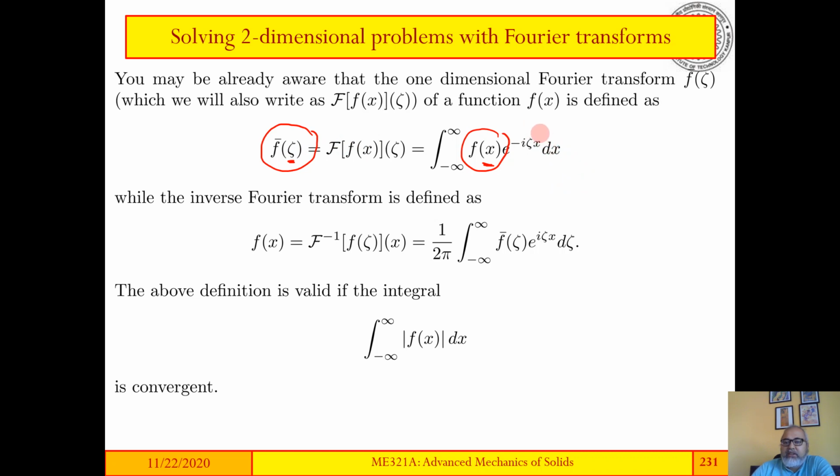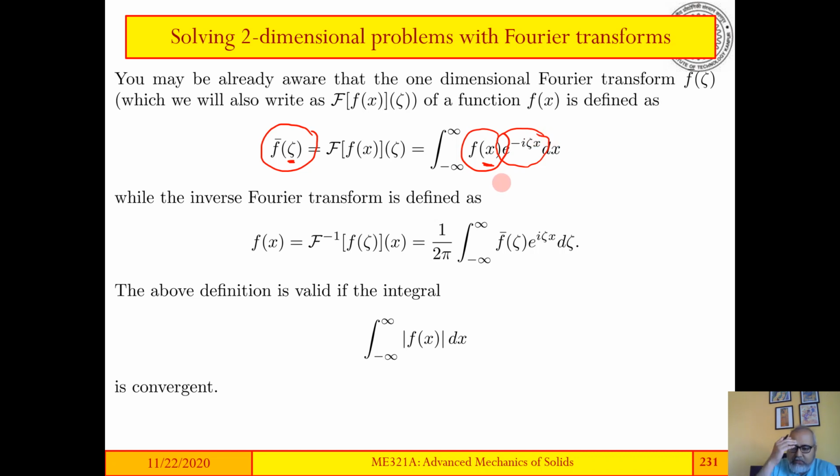And this is what this integral is used to take this from x to zeta. So we multiply the function by e to the power minus i zeta x, integrate from minus infinity to infinity, and then we transform this function from a function of x to that of zeta.